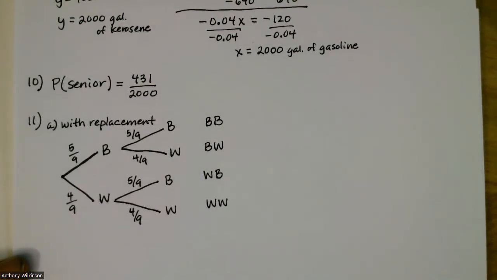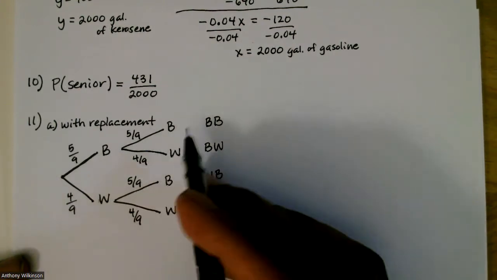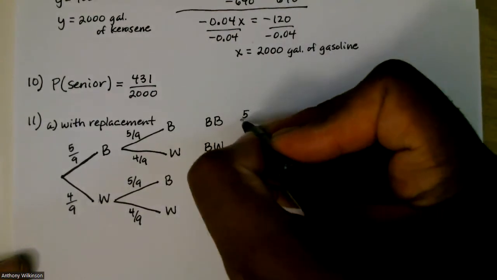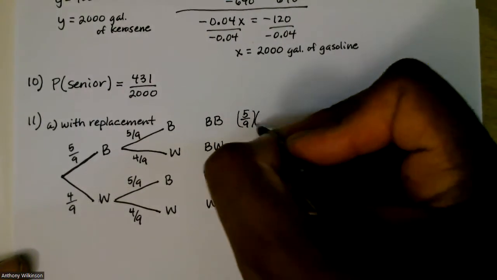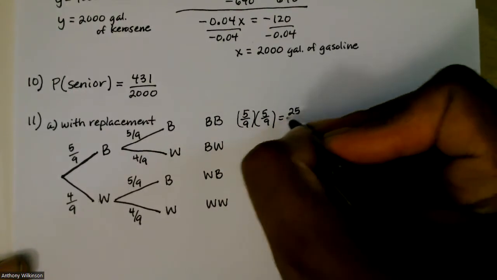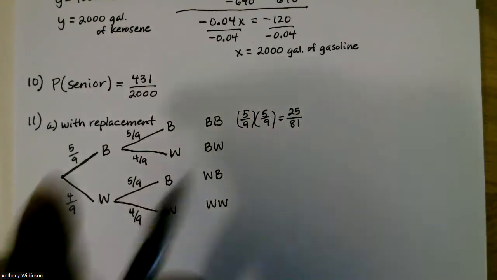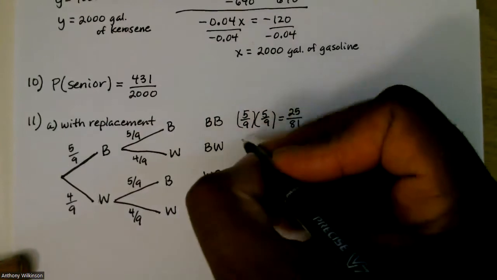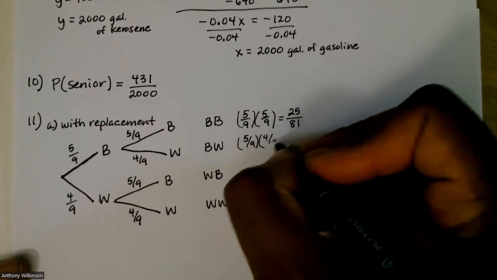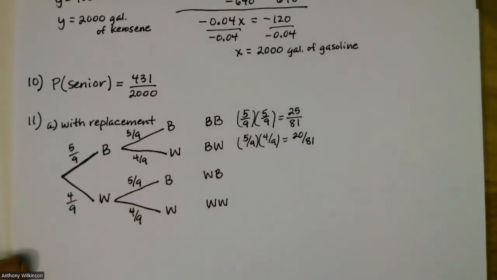So in this case, if we multiply the probabilities that are along each of these branches here, for black and a black, that would be 5 9ths times 5 9ths, which will be 25 over 81. And then for a black and a white, 5 9ths times 4 9ths. Well, 5 times 4 will be 20 over 9 times 9, that's 81.